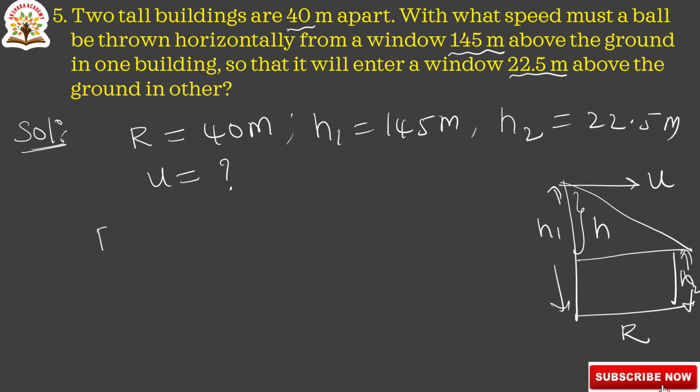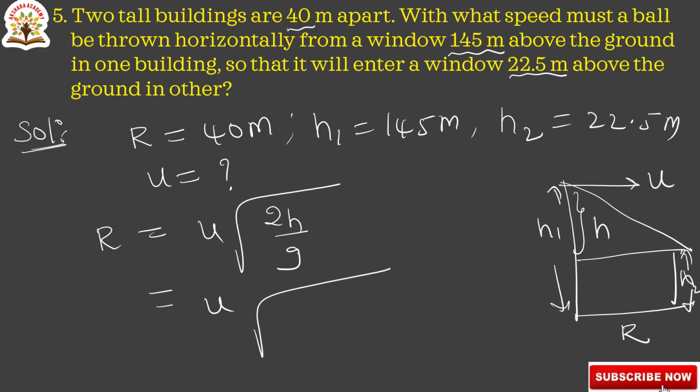Now r is equal to u into root of 2h by g. So that is equal to u into root of, h can be written as h1 minus h2, by g. R they given as 40 meters.